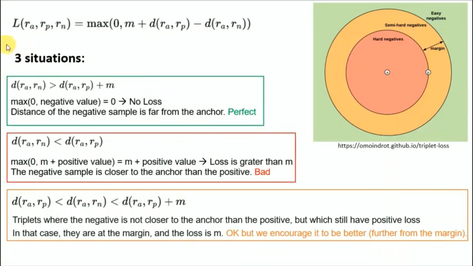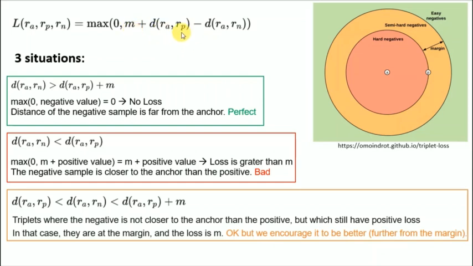So let's analyze this equation. We have 3 situations. The first situation is when the distance between the anchor and the negative class is bigger than the distance between the anchor and the positive class plus the margin. So what happens when the distance between the anchor and the negative is bigger? The value we're going to get is bigger than the distance between the anchor and the positive plus m.